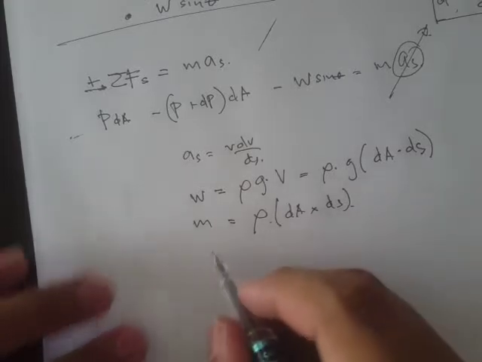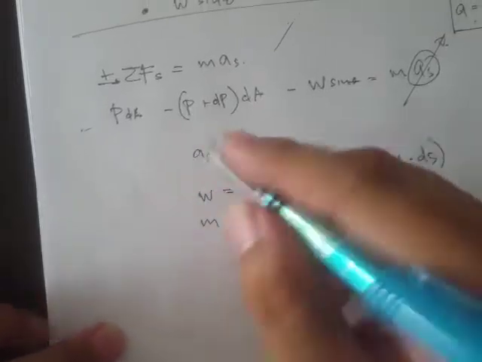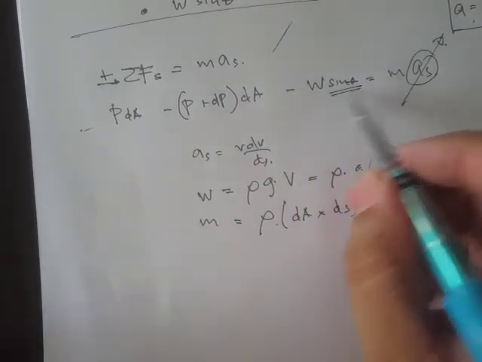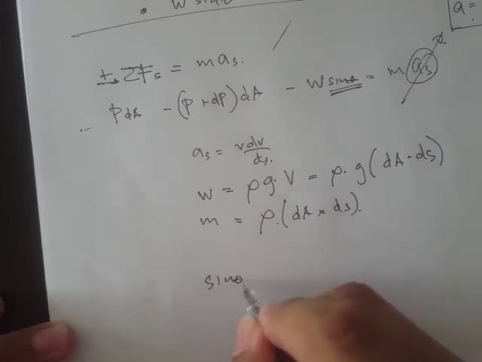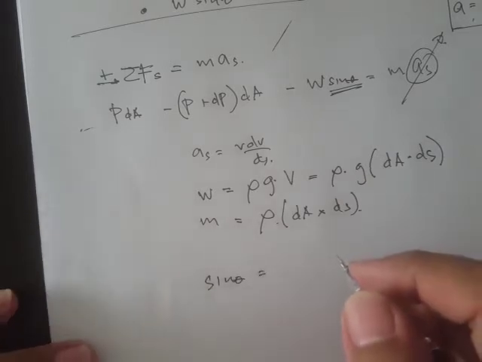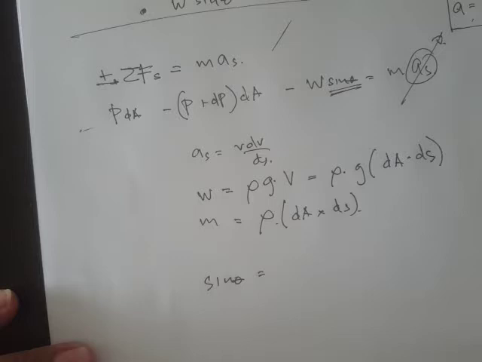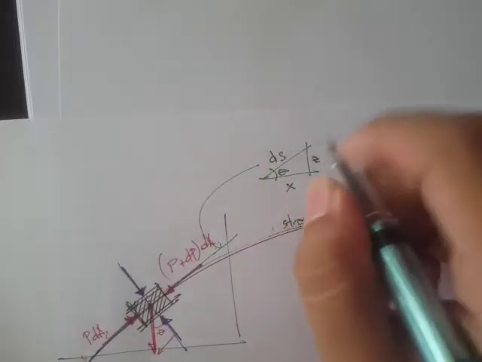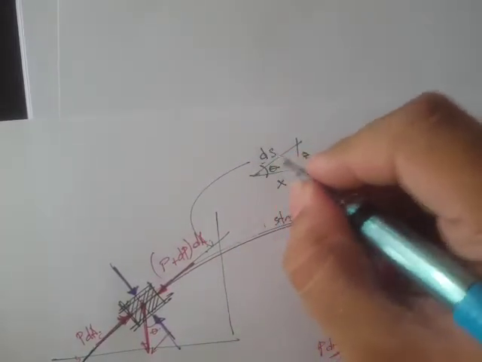and I guess we have everything right now, or I guess this one too. So for the sine theta, it is just simply z all over, or better, if this is ds, we'll just convert this in terms of ds.